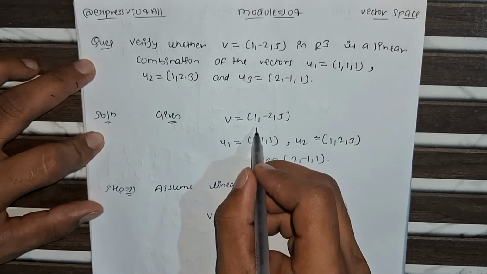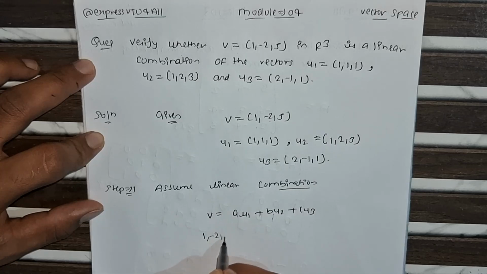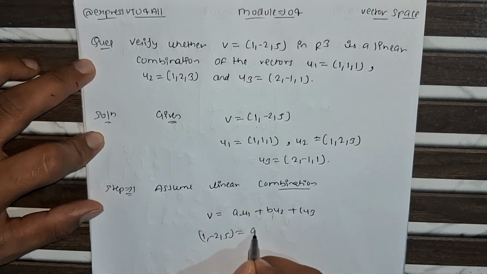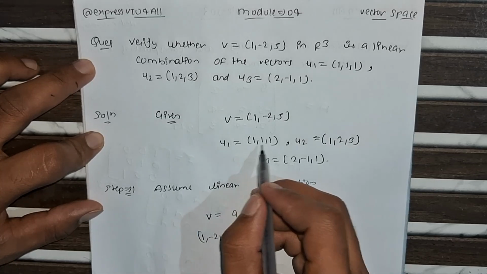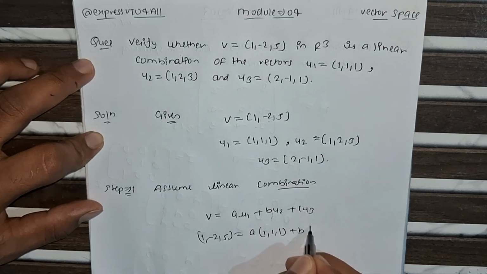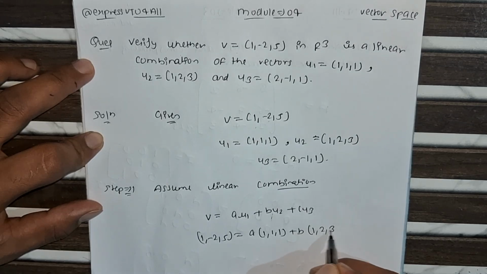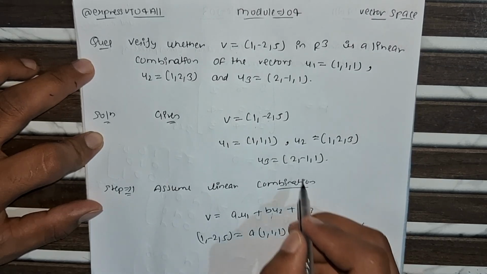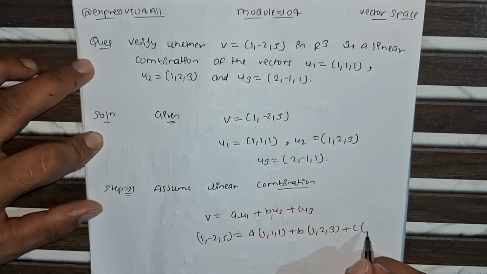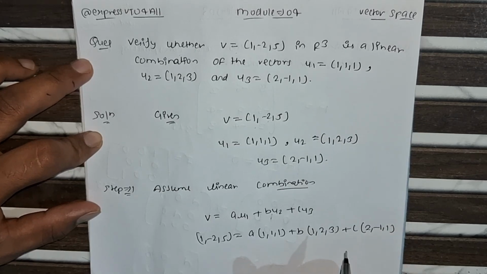The value of v is (1, -2, 5). So (1, -2, 5) equals a times u1, whose value is (1, 1, 1), plus b times u2, whose value is (1, 2, 3), and c times u3, whose value is (2, -1, 1).